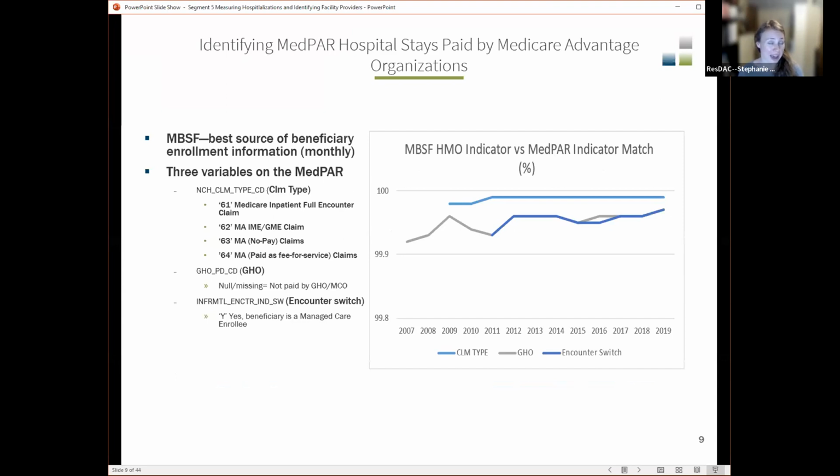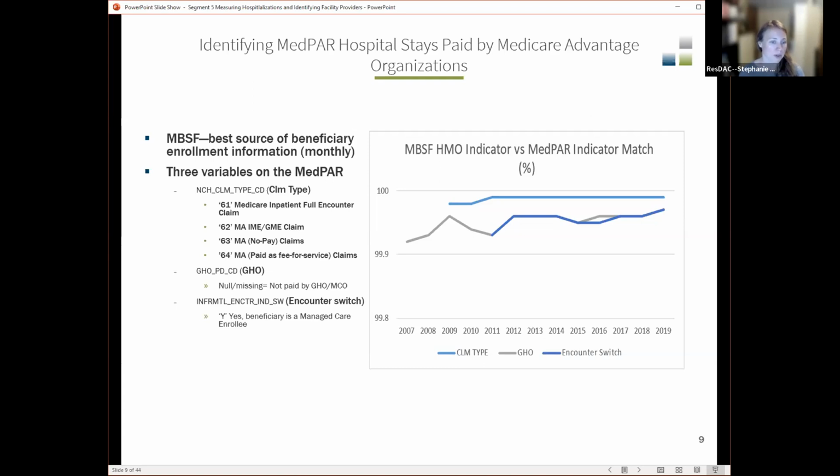But now that we have encounter data, we can look at this and we'll talk more about that at the end. So how would you identify these stays? The MBSF is always what we recommend as the best source for enrollment information. There are a few different variables on the MedPAR that will describe this.